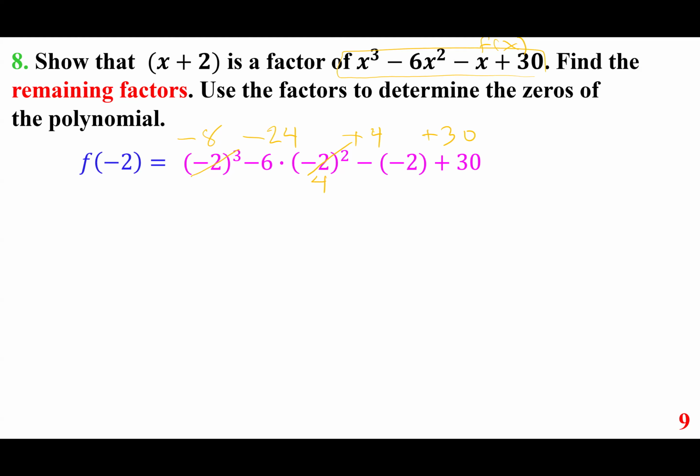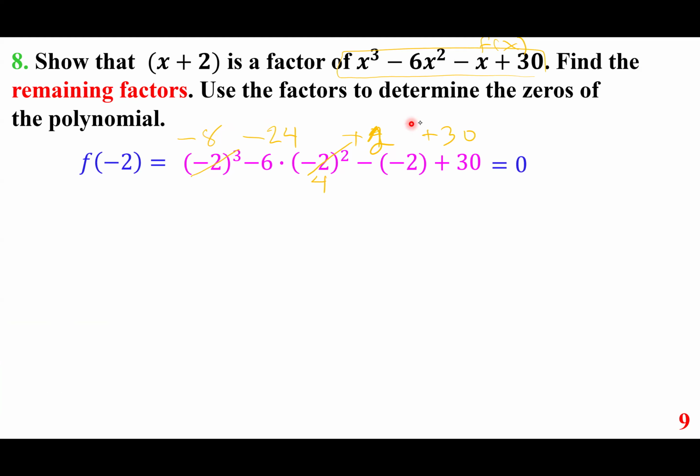Plus 2. Okay. And they add up to 0 because this is negative 32, this is positive 32.